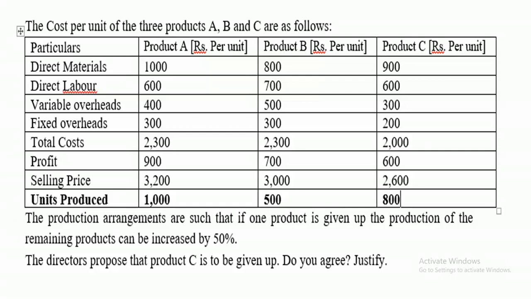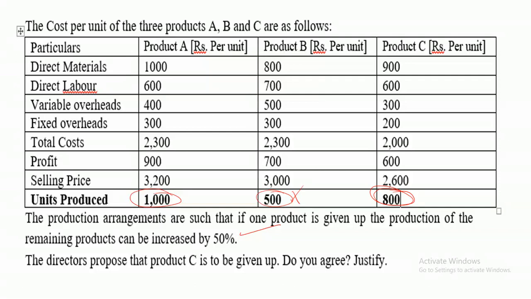If product A is discontinued, product B will be increased by 50% and product C by 50%. Similarly, if product B is discontinued, production of A and C will each be increased by 50%.